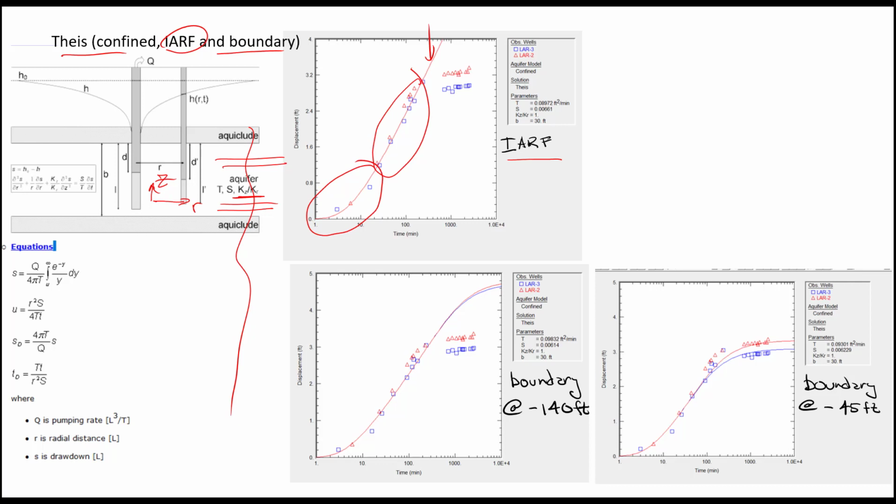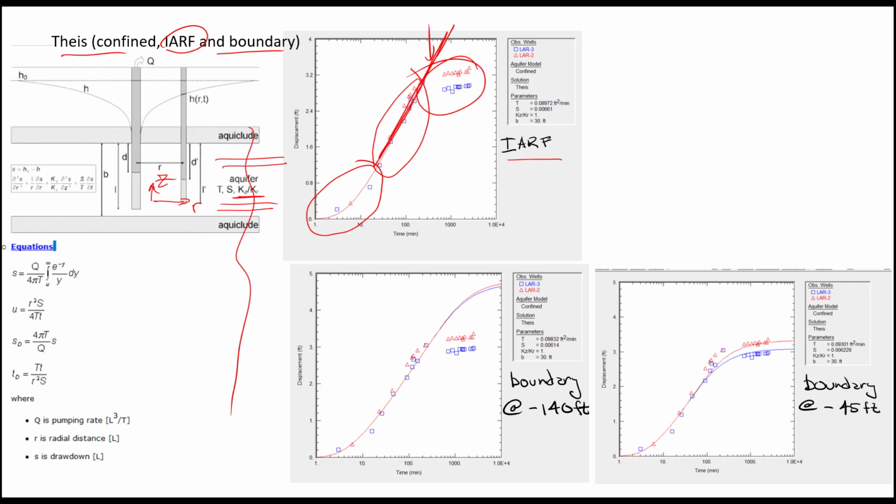Remember, we couldn't get this with the Jacob analysis because it didn't do early time, but the Theis does, and it works pretty well. Okay, so then I said, well, we've got this part here that the Theis solution really can't explain. The Theis solution is just going to come up and continue on in this semilog straight portion.